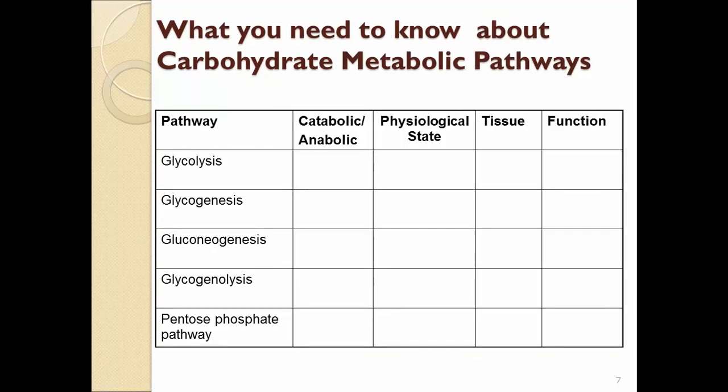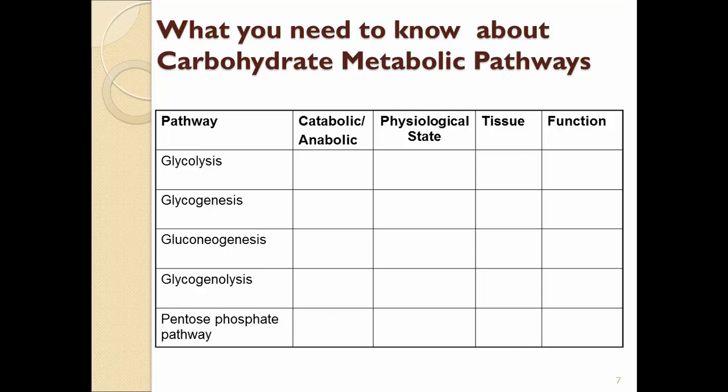Oh, I'm sorry, I talk a little bit backwards. You also need to know whether the pathway is catabolic or anabolic, and whether it is active in the fed condition or fasting condition, right? And in which tissues this pathway occurs, and what is the main function of this pathway? Why does our body need to do this metabolic activity or pathway, right?